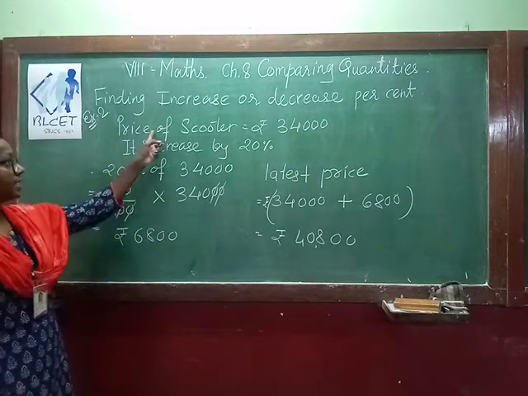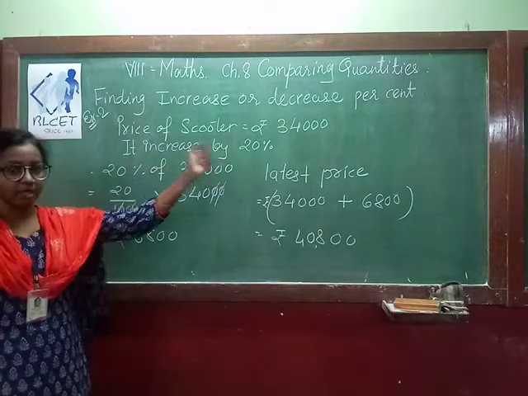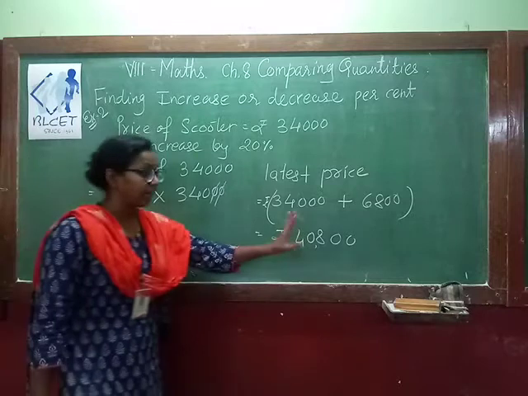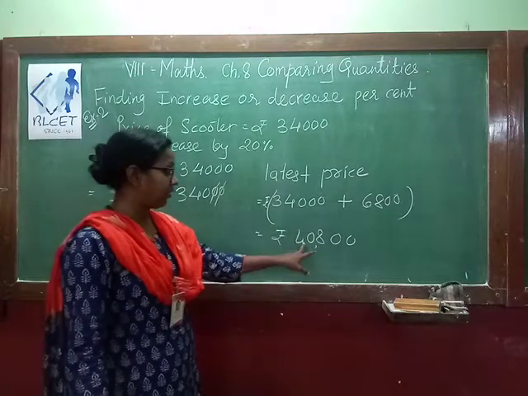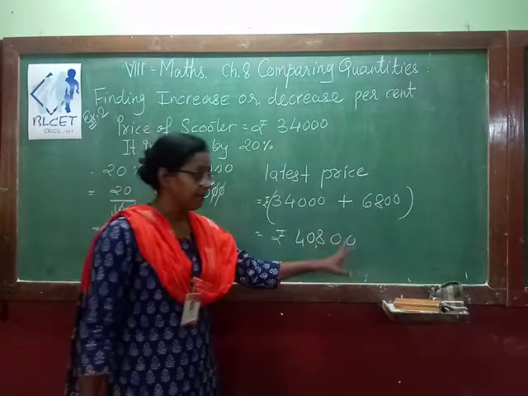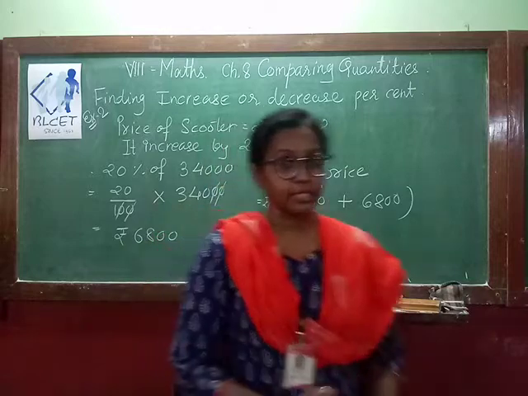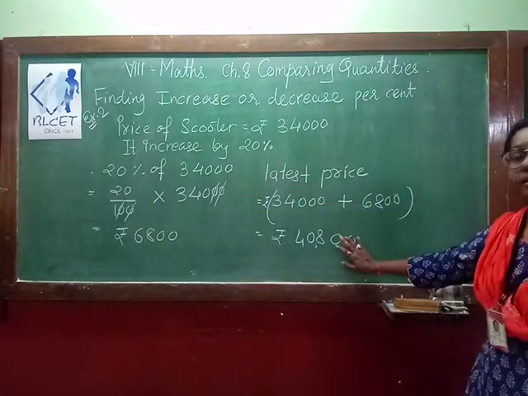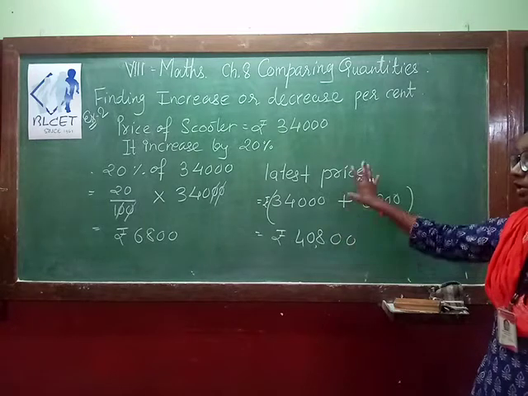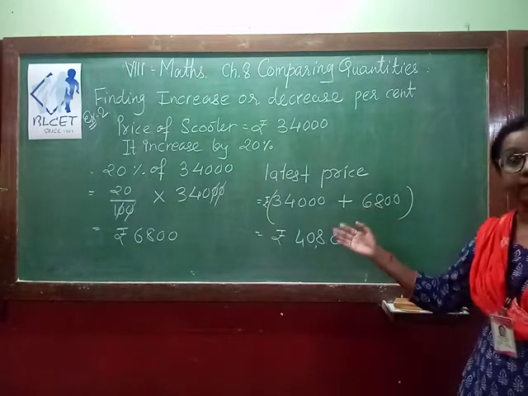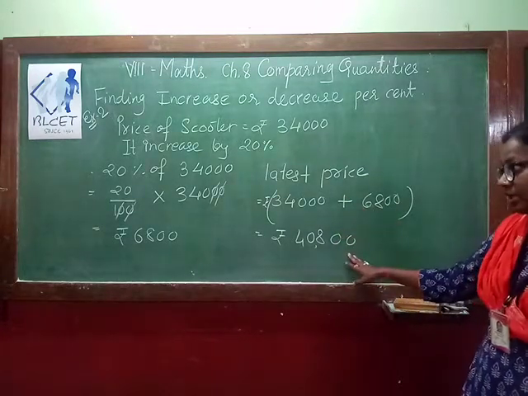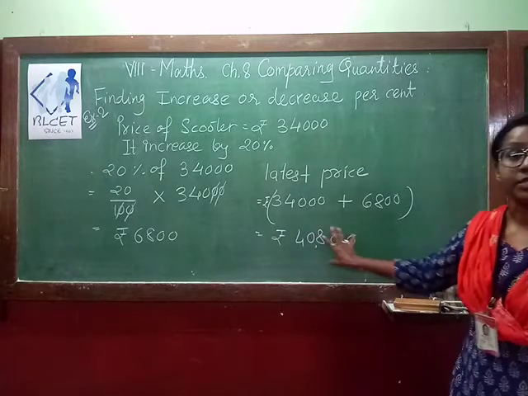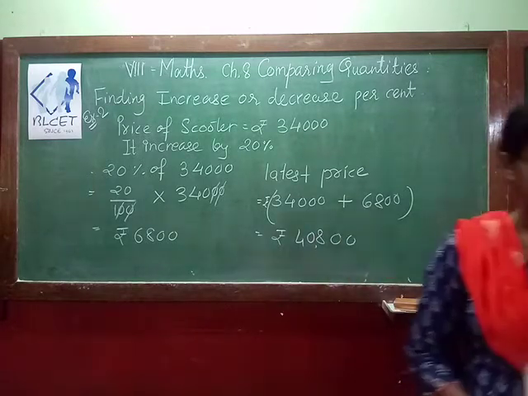Last year the price of the scooter was 34,000. Now the latest price of the scooter is 40,800. That means after a 20% increase, this is the price. So this way we can find the increase rate in terms of percentage and find the actual cost of the particular vehicle.